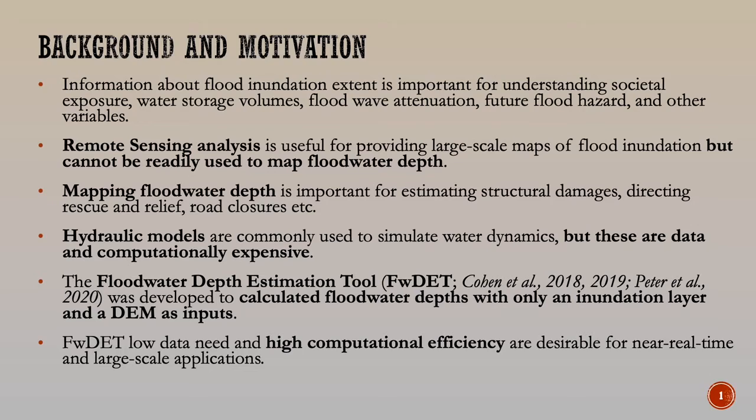Remote sensing analysis is very useful in this context because it can provide large-scale surveillance on flood inundation, both in near real time and also in historical perspective, but remote sensing by itself cannot readily be used to calculate the depth of the water. Mapping floodwater depth is important because it gives us an assessment of damage and exposure. Right? There's a big difference between a flooding of a few centimeters to a few meters.